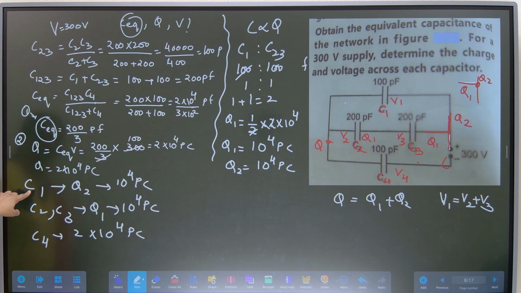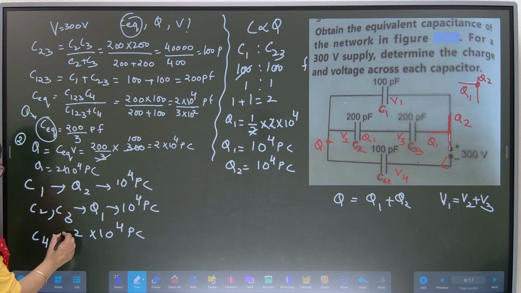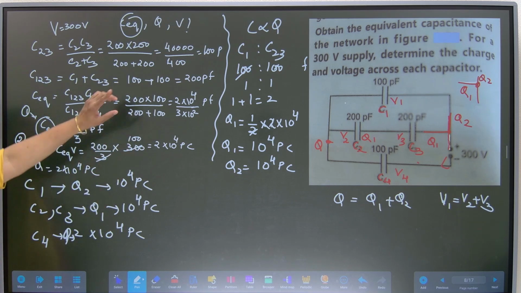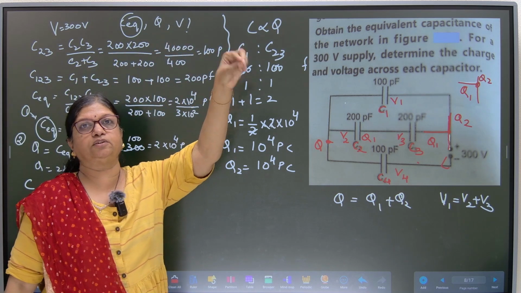So our charges on C1, C2, C3, C4 are ready. This is Q2, this is Q1, and this was the total charge Q itself, which is 2 into 10 raised to 4 picocoulomb.